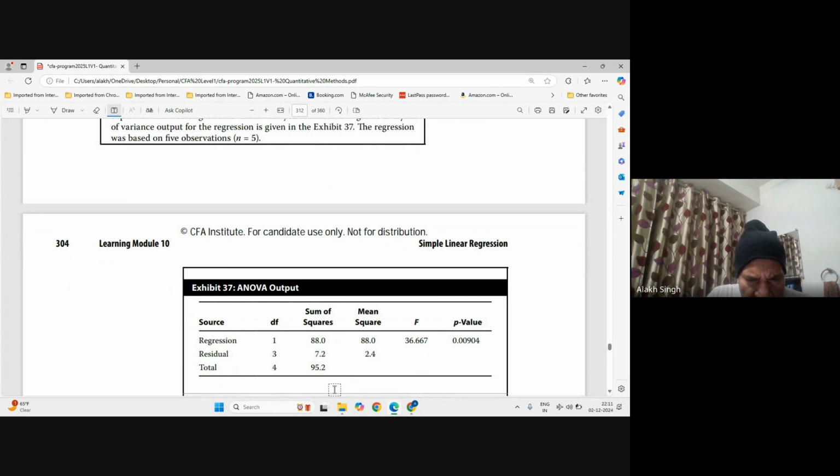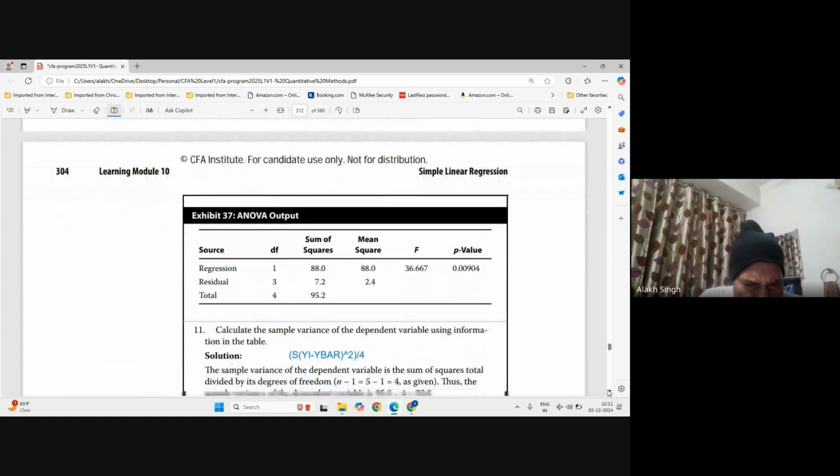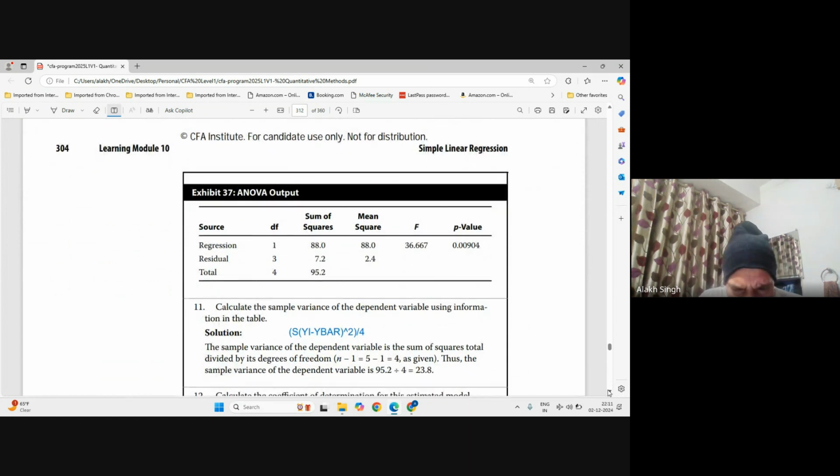Total variance 95.2 divided by 4. That should give us the variance. So how much will that be? About 23 point something. Let's see, is that the answer? The sample variance is 23.8, because total variance divided by n minus 1.